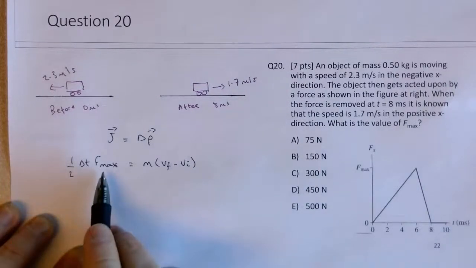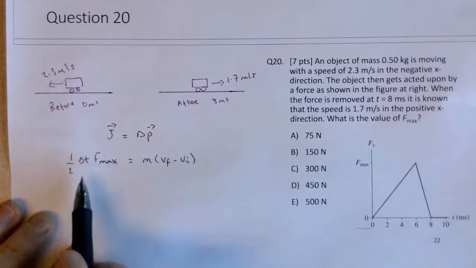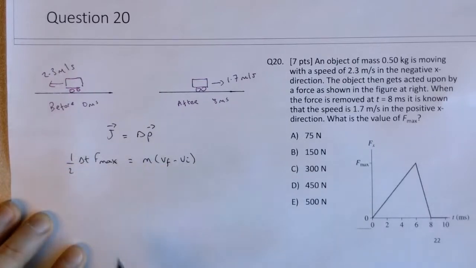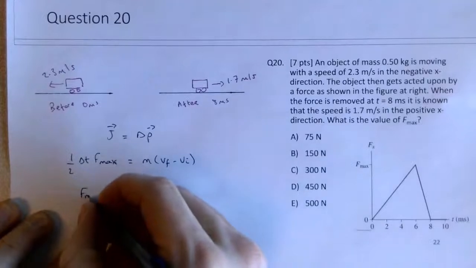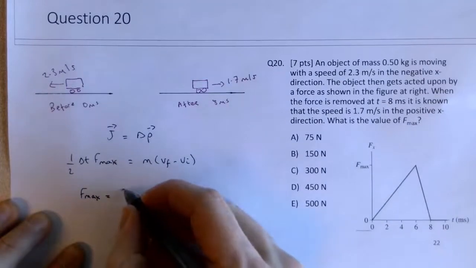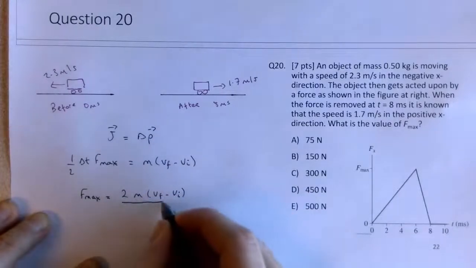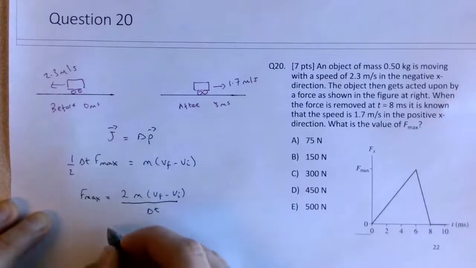The only unknown quantity here is F max, the quantity we want. We have the time of the base, we have the mass, we have the two velocities. So F max will be equal to 2 times the mass times (Vf minus Vi), all divided by delta T.